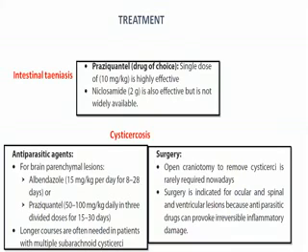Okay, in case of cysticercosis, among the anti-parasitic drugs for brain parenchymal lesions, we can go for albendazole, that is 15 milligrams per kg per day for 8 to 28 days.